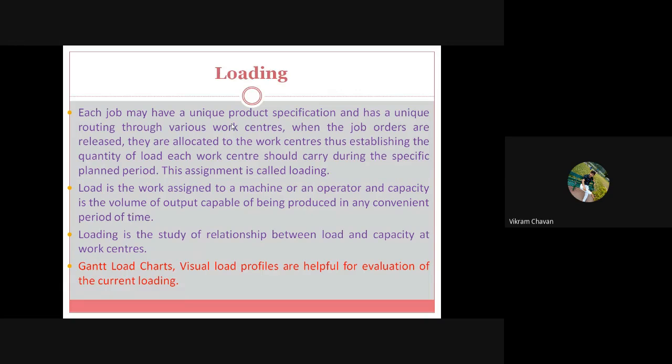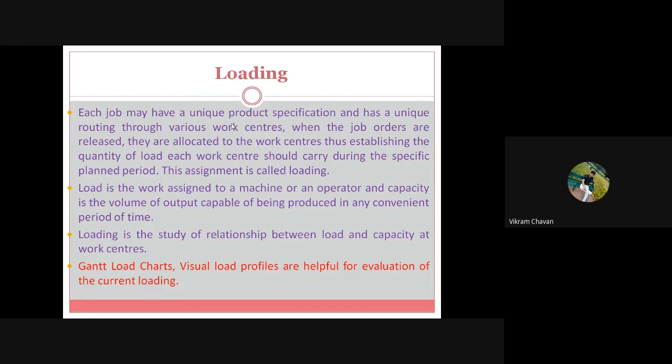This route is final. That flow is finalized at the initial stage only, at the time of scheduling. The route is finalized on the basis of the operations which will be required on that particular job.